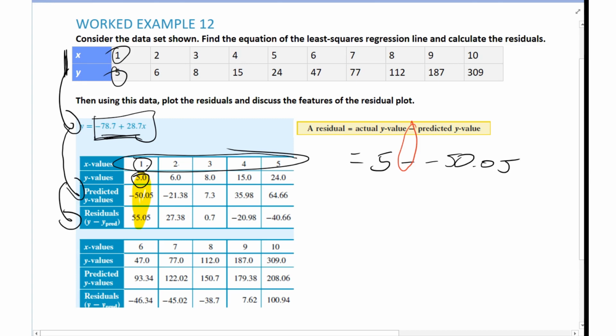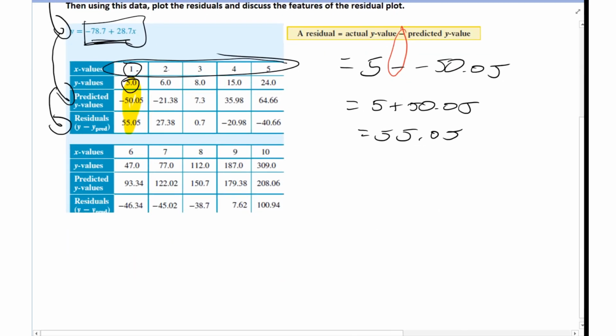As we know, when we've got a minus there, that becomes a plus. So we get 5 plus 50.05 equals 55.05. Okay, so if you're asked for what the residual was, that's my residual.